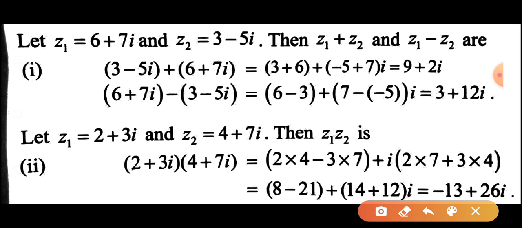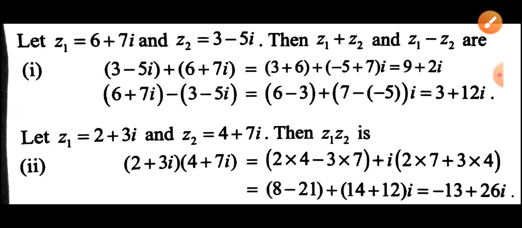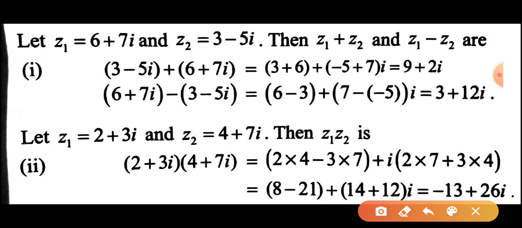The next sum we are going to find is z1 into z2. Here we take z1 equal to 2 plus 3i and z2 is equal to 4 plus 7i. Then z1 into z2. We are going to find the product of two complex numbers. Here first we write 2 plus 3i, next we write 4 plus 7i. We are going to multiply these two complex numbers. Okay, listen. First 2 into 4.